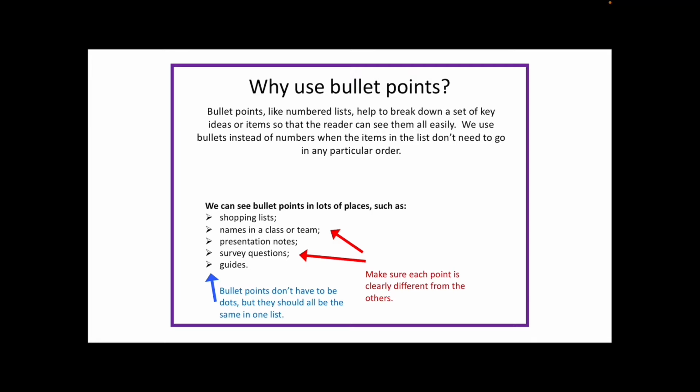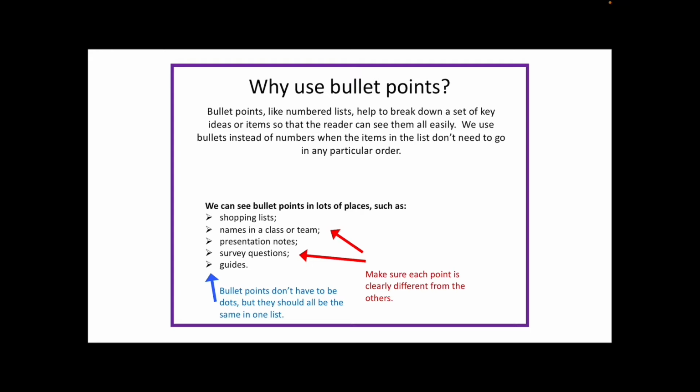These things don't have to be ordered. So again, look, we've got shopping lists, names in a class presentation, notes, a survey question, guides. They don't have to be dots, but they all need to be the same, and they need to be in front of whatever it is you're writing. It's important to make sure each point is clearly different from the others.